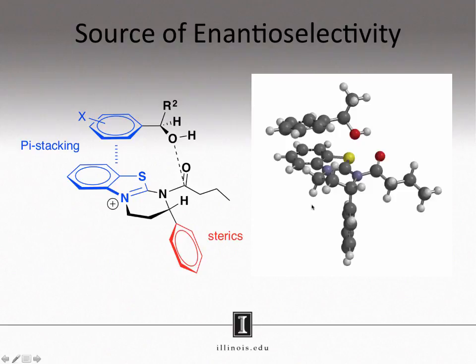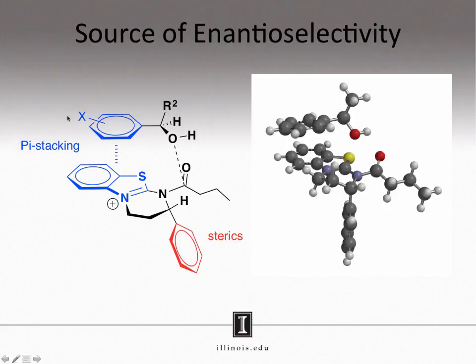That is the first component of this reaction's enantioselectivity. The second component has to do with the aromatic system on the catalyst. If you look to the drawing on the left and look at the blue-colored portions of the activated intermediate, we see an aromatic system. This aromatic system participates in what is called pi stacking with the aromatic system on the alcohol.